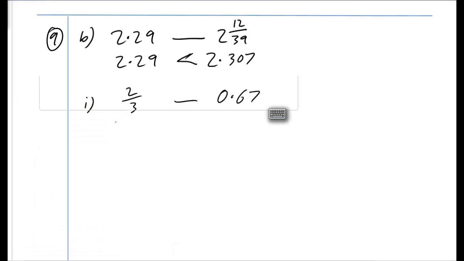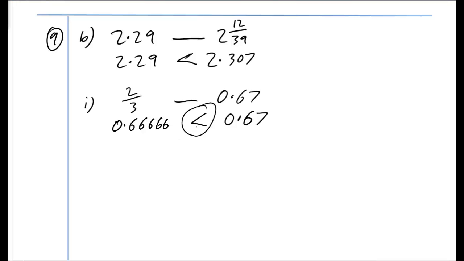So this number here is 0.66666, and you've got 0.67. Which one's bigger? 0.67 is bigger than 0.66, so you have the little arrow pointing towards the smallest number. This arrow here always points to the smallest number. Okay, I want you to have a go at number 9, please.